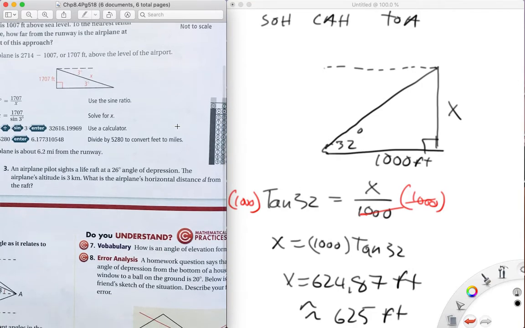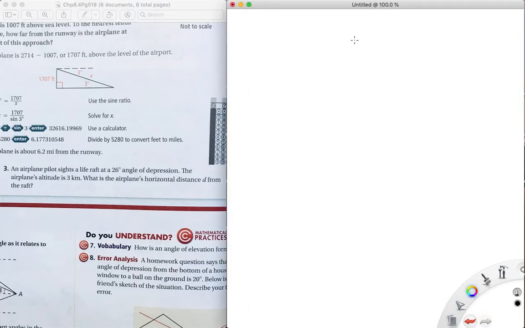Here. So the airplane sights a life raft at a 26-degree angle. So the plane is looking down at a life raft at a 26-degree angle. I guess there's a river somewhere.